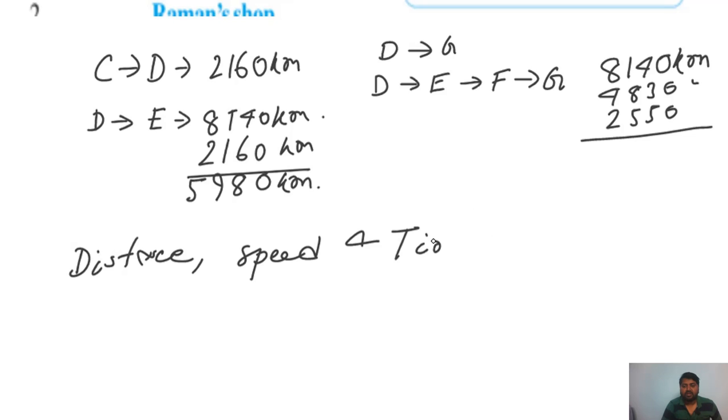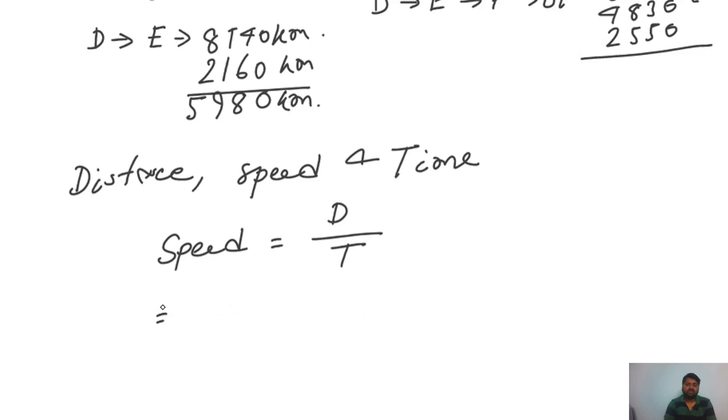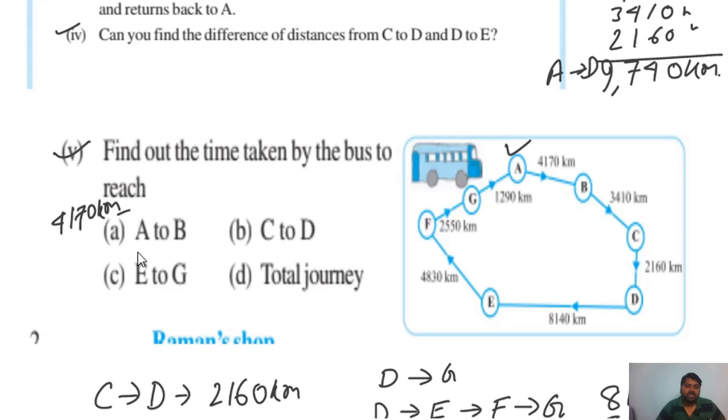Speed equals distance by time, so by cross multiplying, time equals distance by speed.